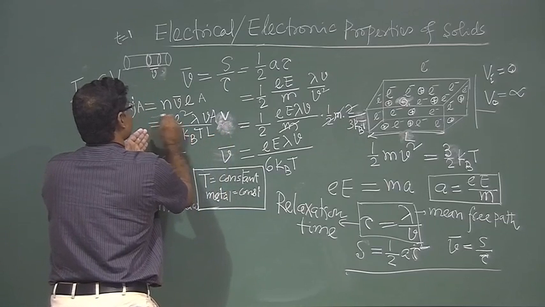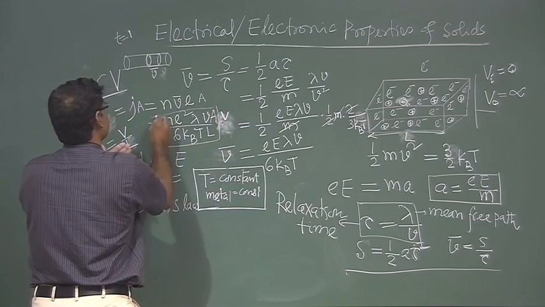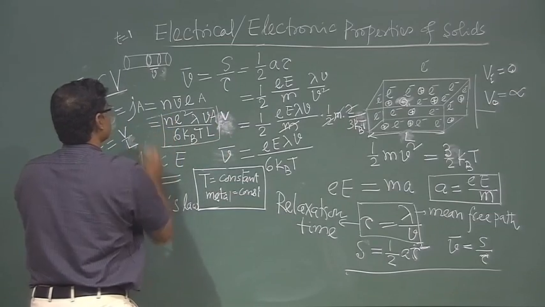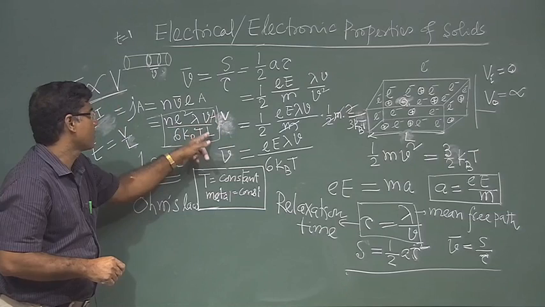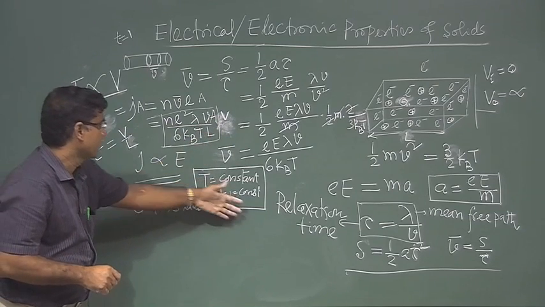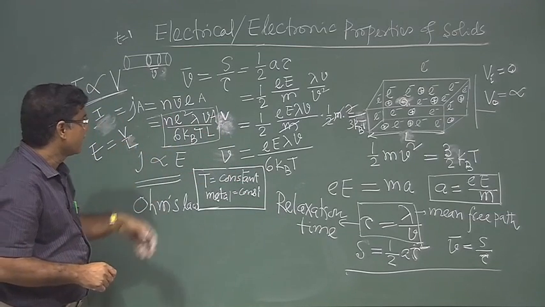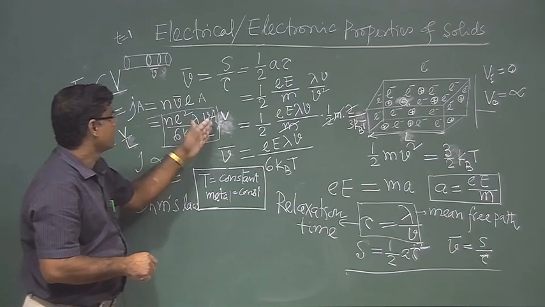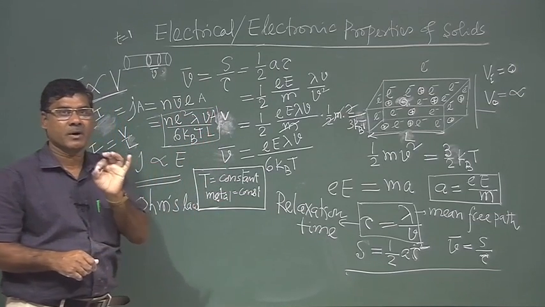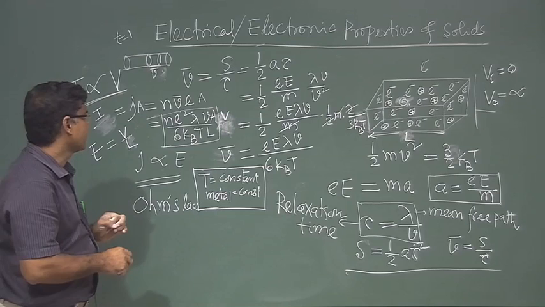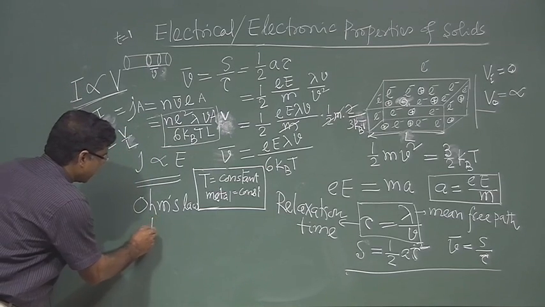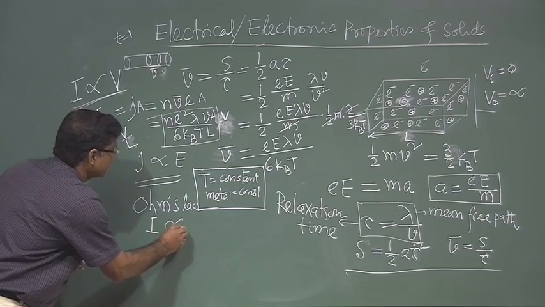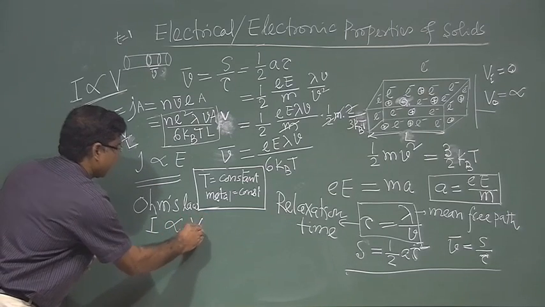Now, this will be constant for a particular temperature, a particular metal, and a particular geometry of that metal. So, then I can write that I is proportional to V.